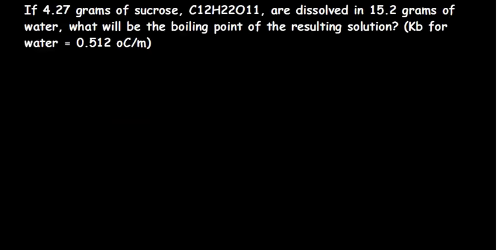Okay, now talking about the aspect of boiling point elevation as a colligative property, how do we handle that? So we've got two questions. Okay, so if 4.27 grams of sucrose, the formula has been given, C12H22O11, are dissolved in 15.2 grams of water, what will be the boiling point of the resulting solution? Now you need to understand the formula for the boiling point elevation.